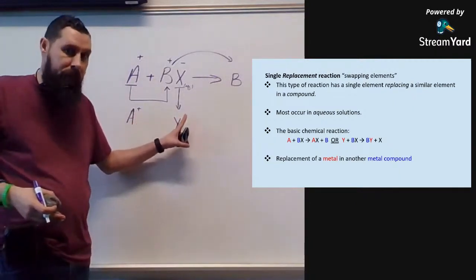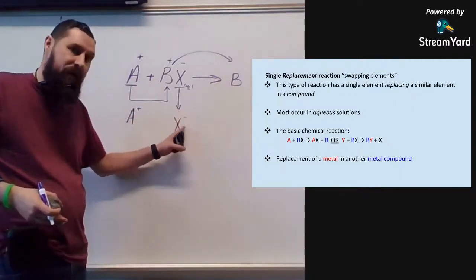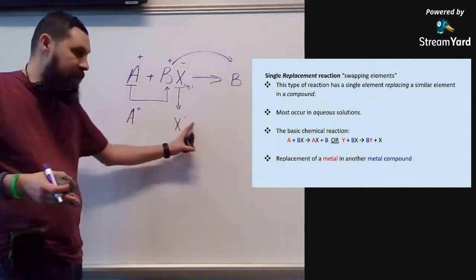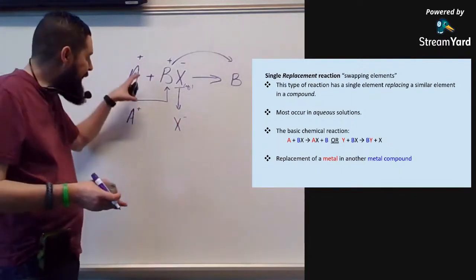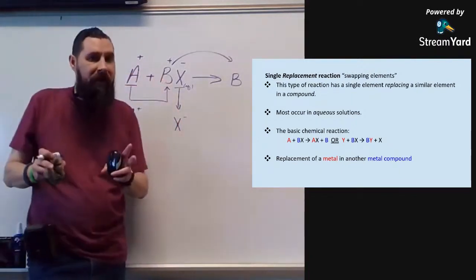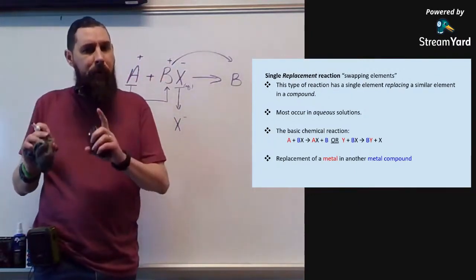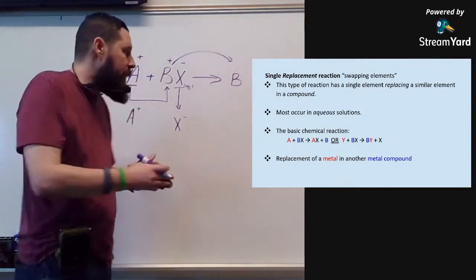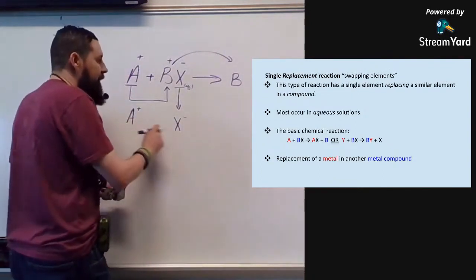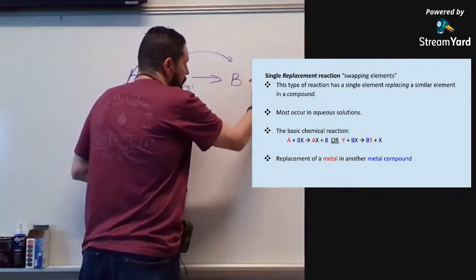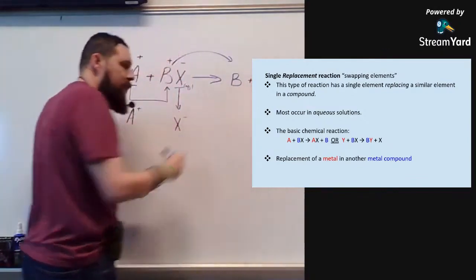X can be, again, 1 negative, 2 negative, 3 negative. So these are just generic charges. And again, A and B do not have to have the same numerical value of charge. It's simply that they're both positive. So what ends up happening is AX combine, and that's my new compound.